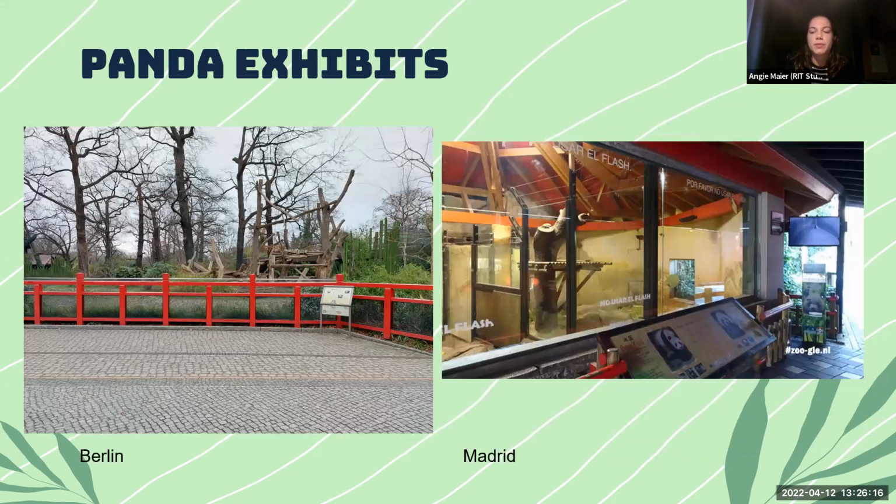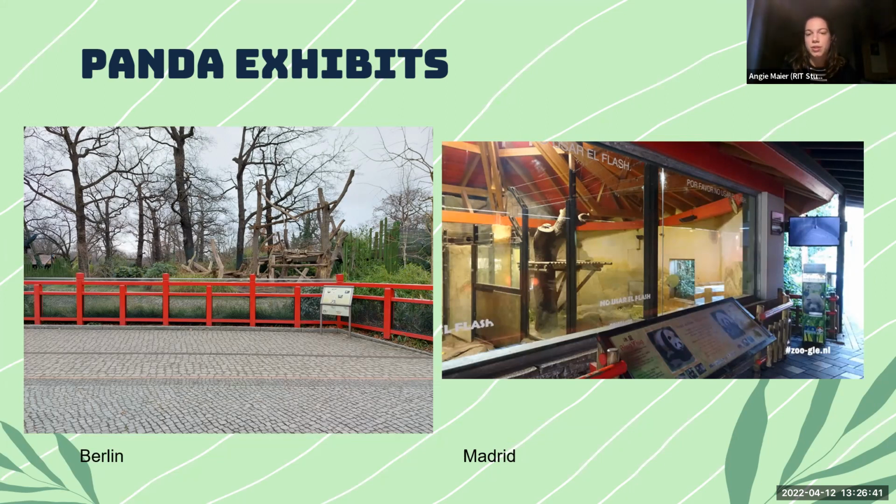So the 3 exhibits that I studied were pandas, tigers, and aviary bird exhibits. So here you can see the Berlin and Madrid panda exhibits. In the Berlin panda exhibit, you can see that there is an outdoor area. There is also an indoor area for a total of 4 viewing areas.